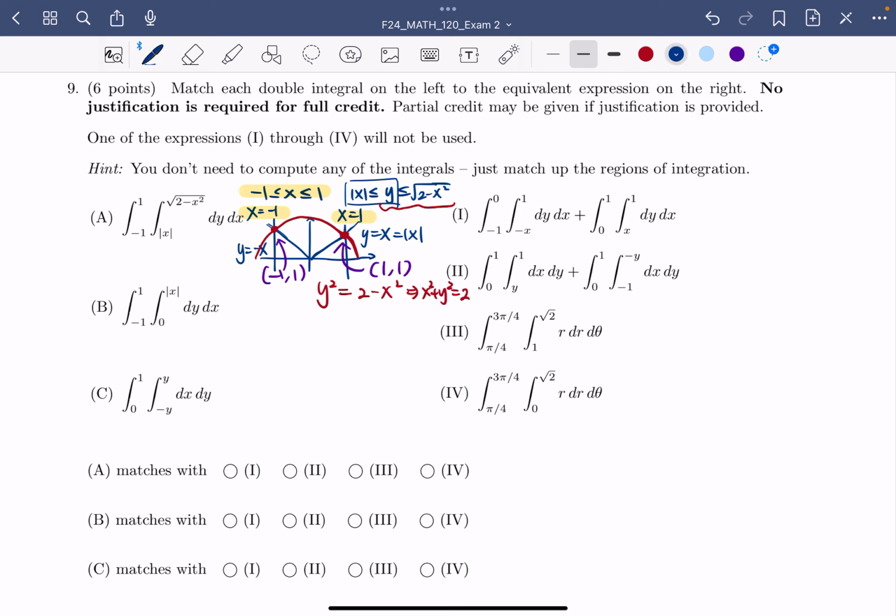Then the region we're looking at is exactly this quarter disk, as you can see.